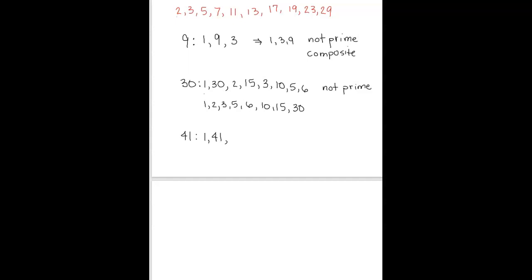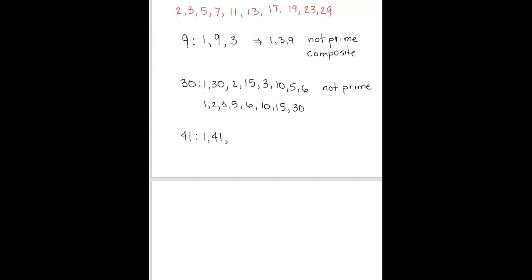So 2 doesn't work because it doesn't end in a 2, 4, 6, 8, or 0. 3 doesn't work because if I add 4 and 1 together, it gets me 5. 5 is not divisible by 3, right? That's a trick that you can use. If the digits of a number add up to being a number that's divisible by 3, then that whole number is divisible by 3.